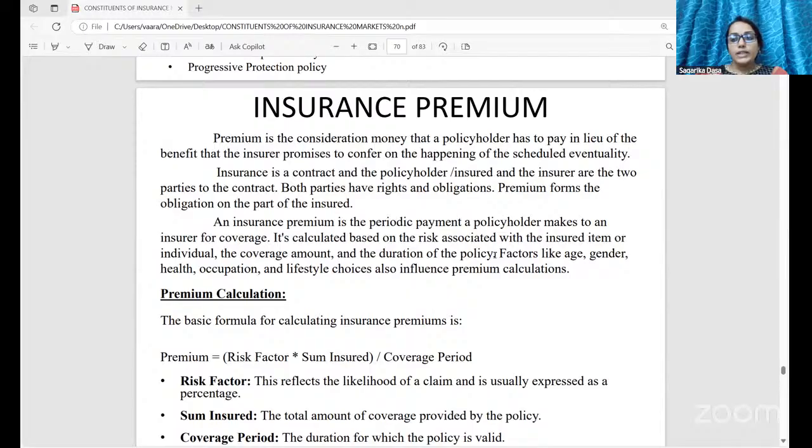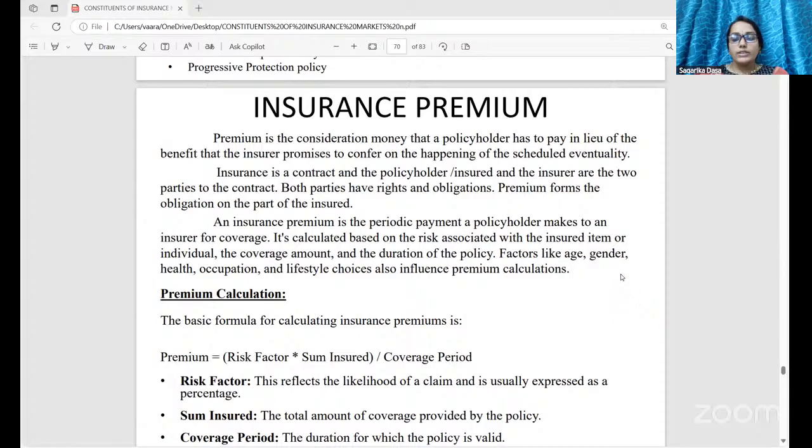Premium is calculated based on the risk associated with the insurance policyholder, depending upon the number of individuals the policy covers, and depending upon the coverage amount and the duration of the policy. Based on all these characteristics, the premium will be calculated.